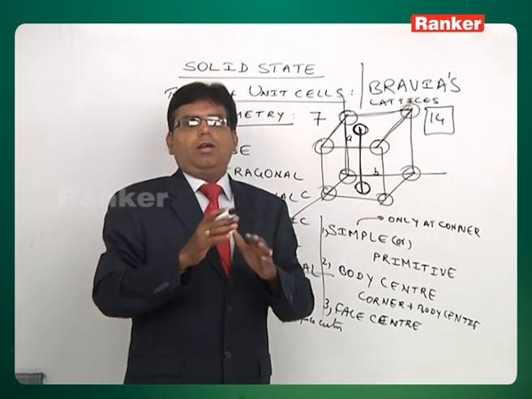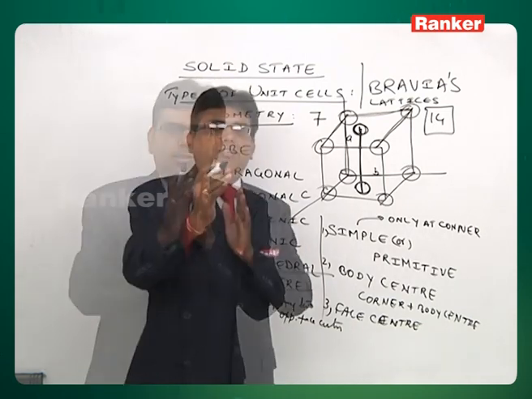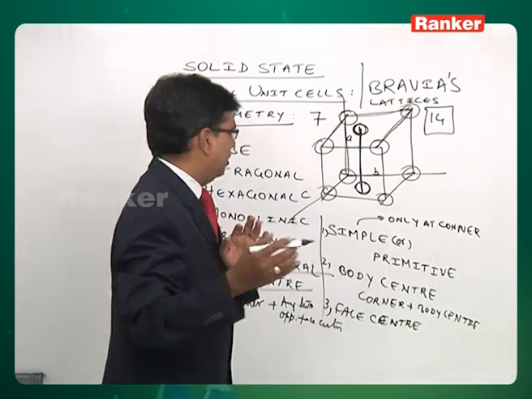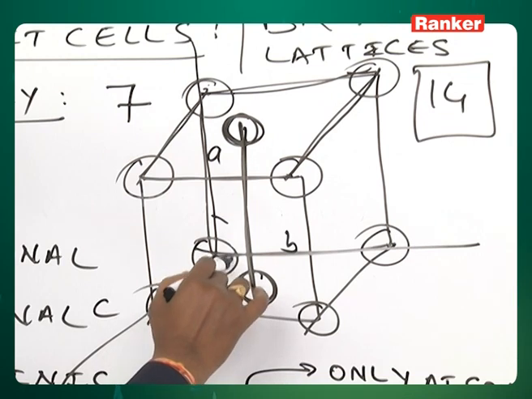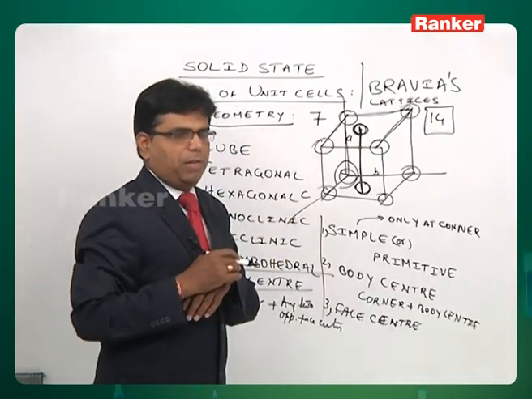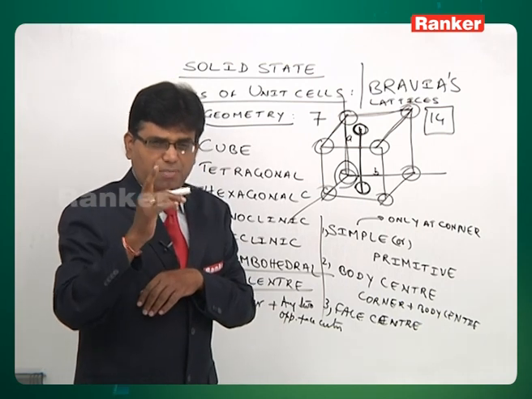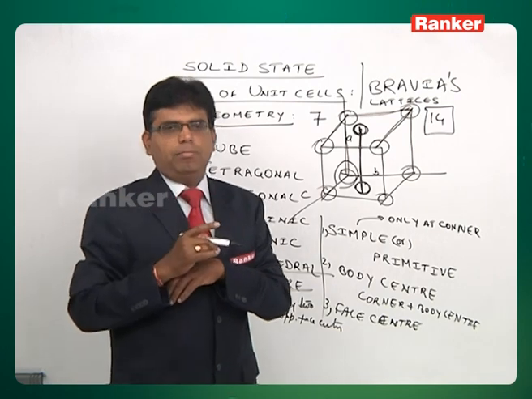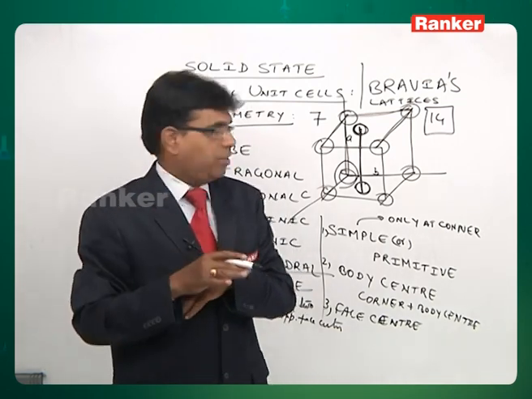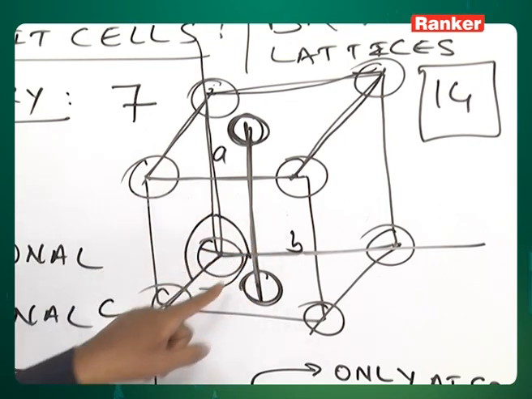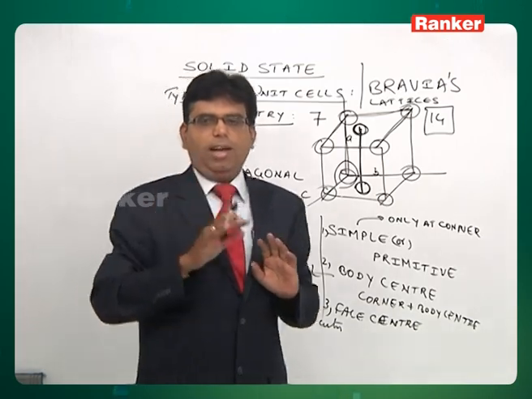That is their physical measurement about their edges. And angles: alpha, beta, gamma. In the case of a cube, alpha equal to beta equal to gamma equal to 90 degrees.